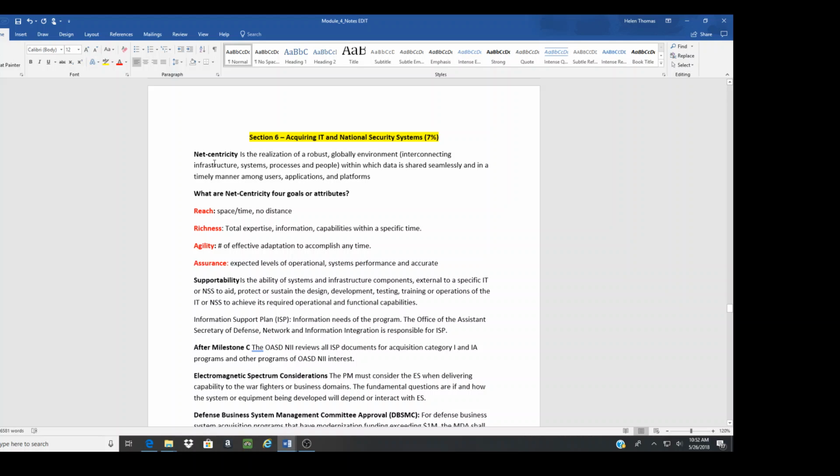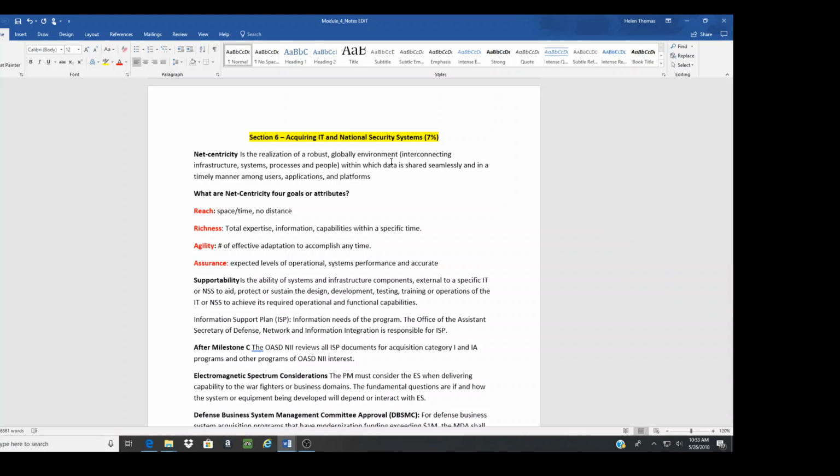When you're talking about information technology, remember, the government does not have its own information technology. We tie in to commercial activities and commercial information technology interconnection. So what it says here is the realization of a robust global environment. When it comes to IT, it's a global environment.